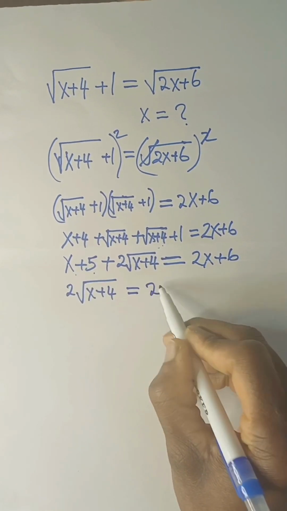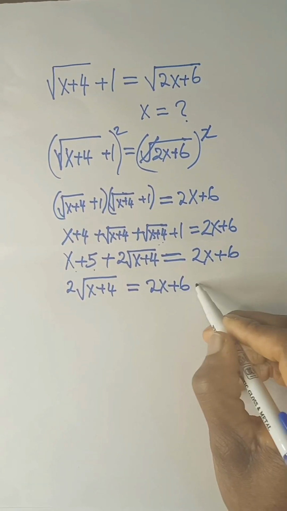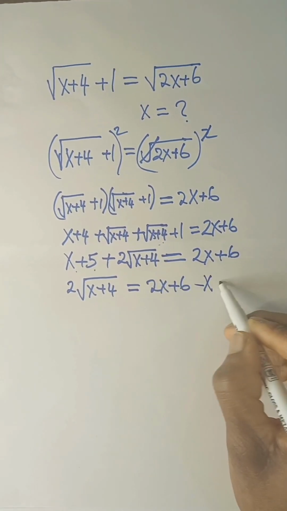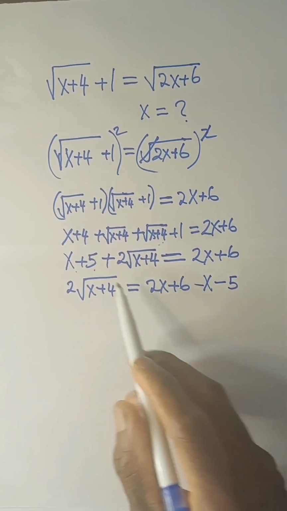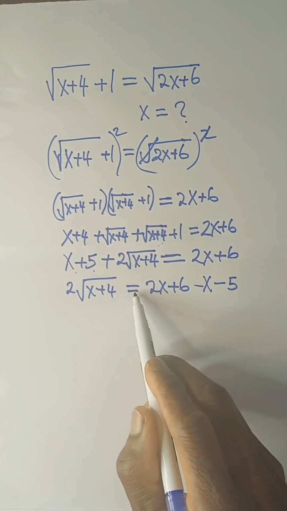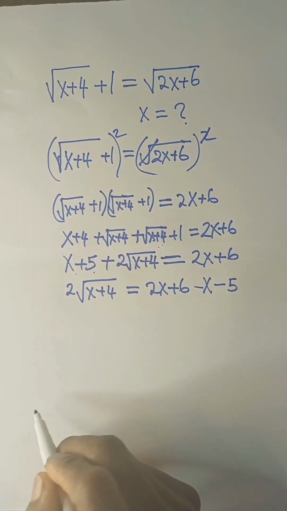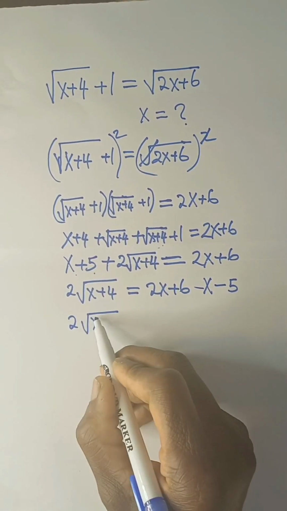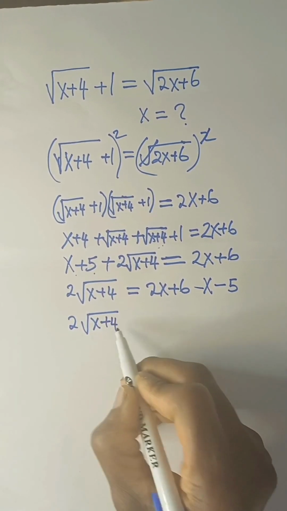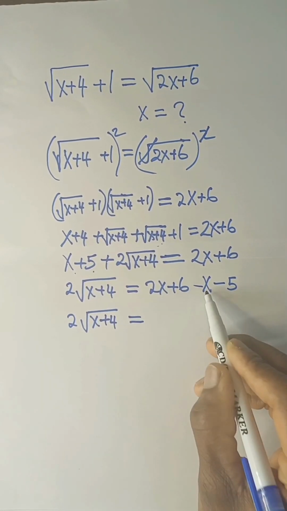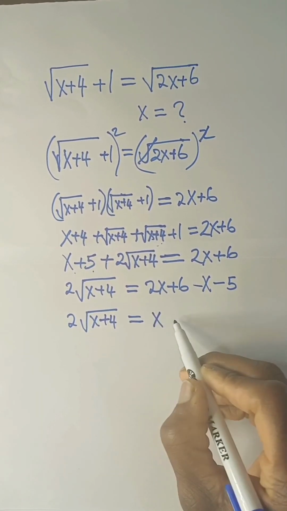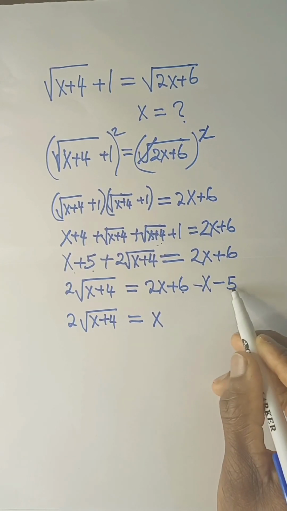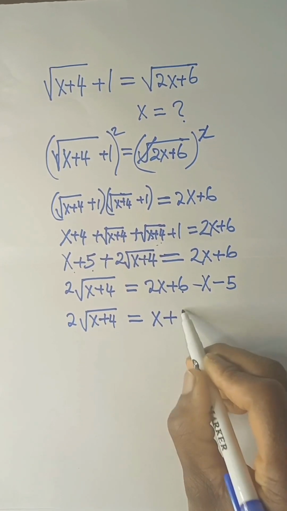We have 2x plus 6 minus x, then minus 5. Note that their signs change when they cross the sign of equality. So let's simplify further. We have 2 times the square root of x plus 4 is equal to 2x minus x, that will give us x, and 6 minus 5 we're going to have plus 1.